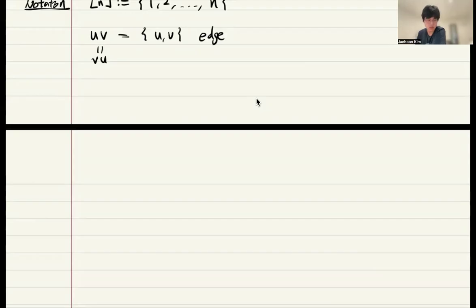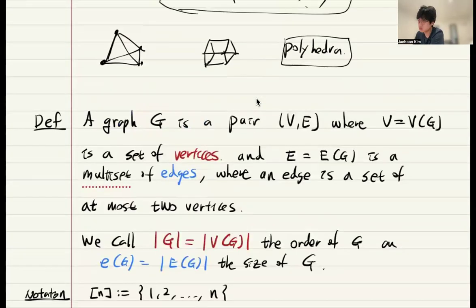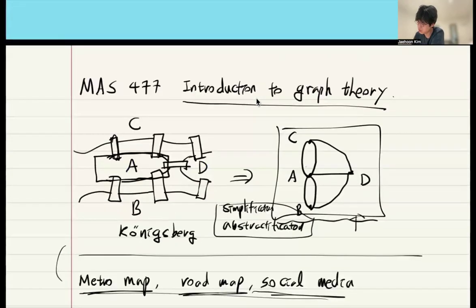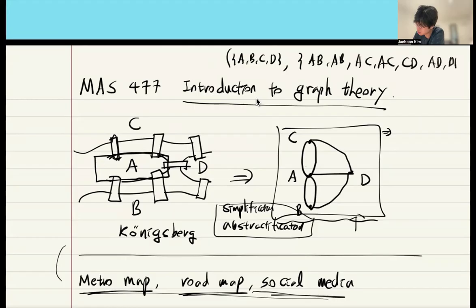So in this aspect, if we go back to this graph, what is this? This is the pair: the vertex set A, B, C, D, comma, the collection of edges, a multiset of edges: AB, there are two edges between A and B, AC, AC, CD, AD, BD.